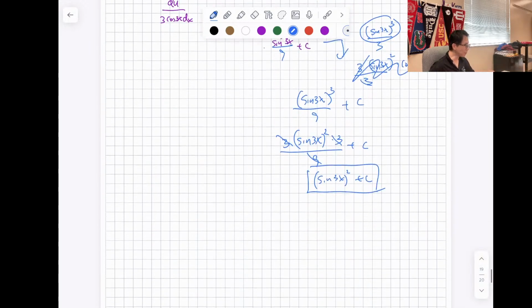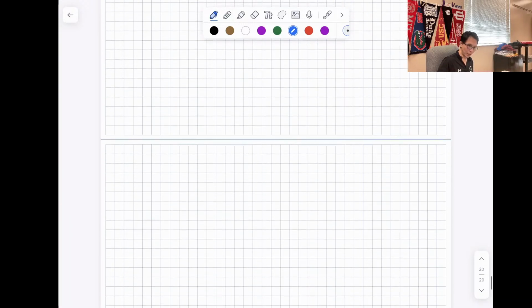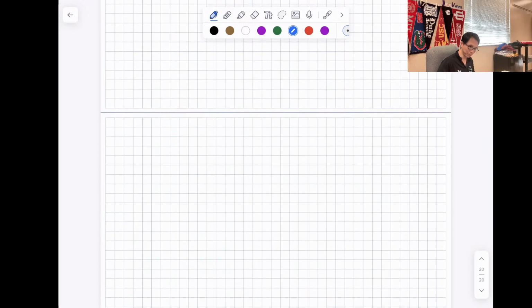So let me give you some practice. I'm not going to give you a very difficult one. I'm going to give you 5 practice questions. The first one is the integration of 2 times (3x minus 1) to the 4th power dx. The second one is (2x plus 1) times (x squared plus x) dx.